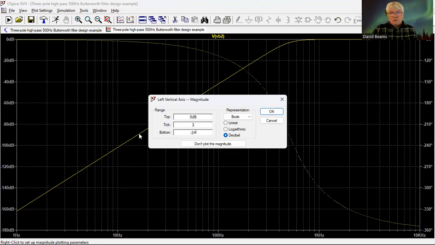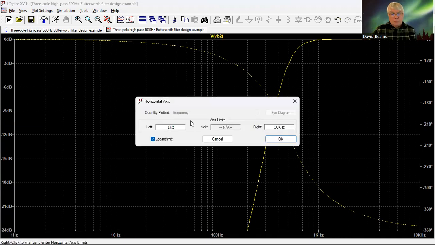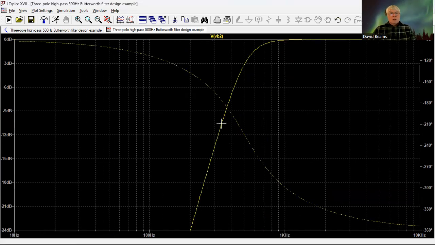Let's do the same changes in the scales so that we can get a better reading of where it crosses -3 decibels. Okay, here's 100 hertz, 200, 300, 400, 500. And there's -3 decibels. It's moved a little, but not much.